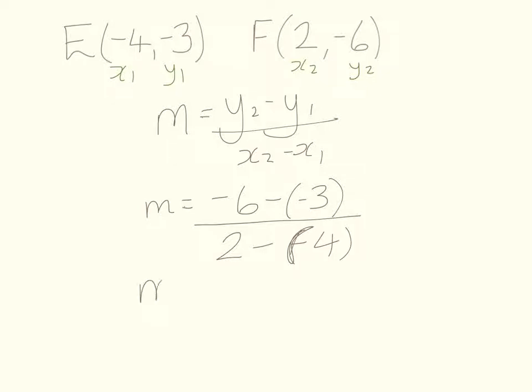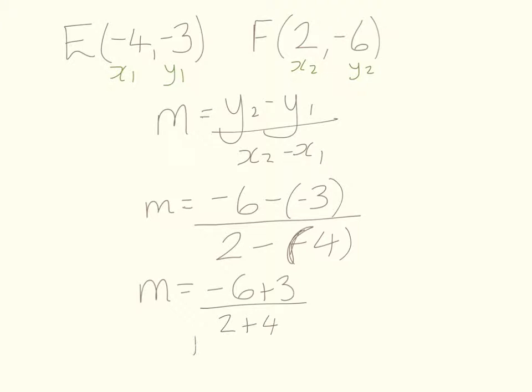And if we can recall our integer properties, when we are subtracting a negative, that's just the same as adding. And same at the bottom, I'm subtracting -4, so that's the same as adding 4.